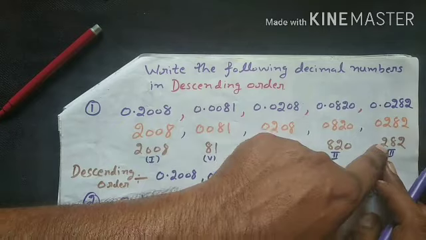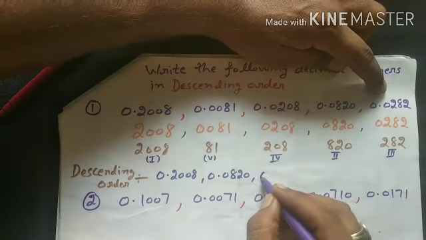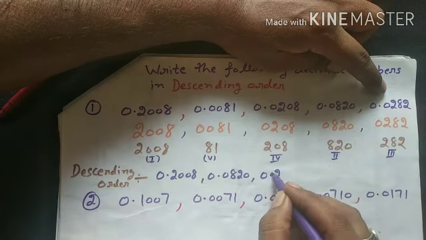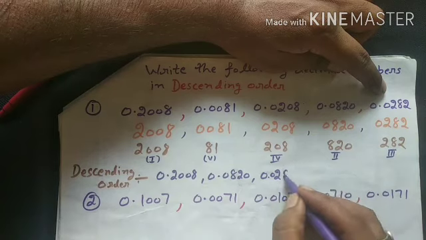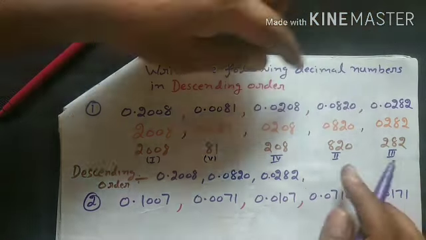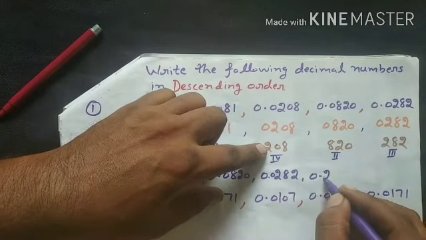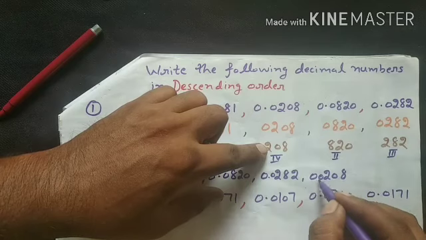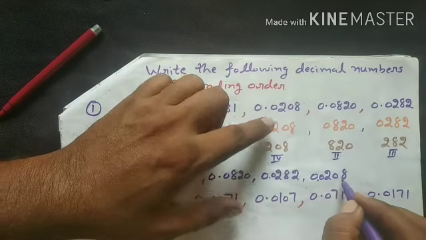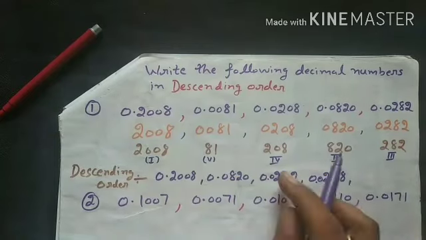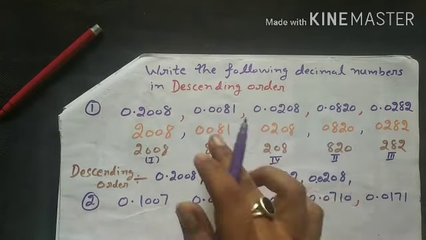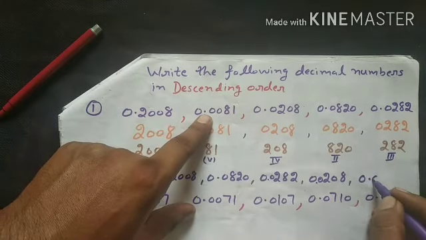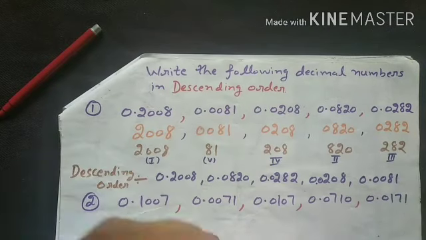And which one is the third? 282. So actually in decimal form it was 0.0282, and the fourth one is 0.0208. Okay, and which one is the last position? That is 5th, 81, and 81 in the decimal form was given to us as 0.0081. So student, this is my answer.